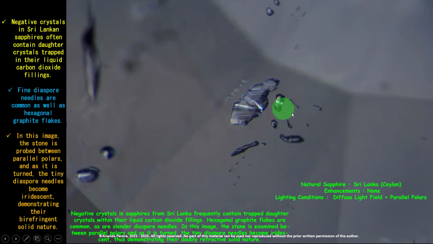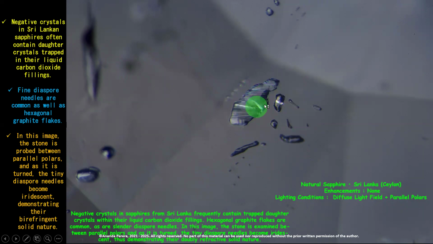Inside the crystal, there are other crystals, so we call it a daughter crystal. Daughter crystals are trapped inside the bigger one with carbon dioxide liquid fillings. All the daughter crystals here are filled with carbon dioxide gas, CO2 gas.